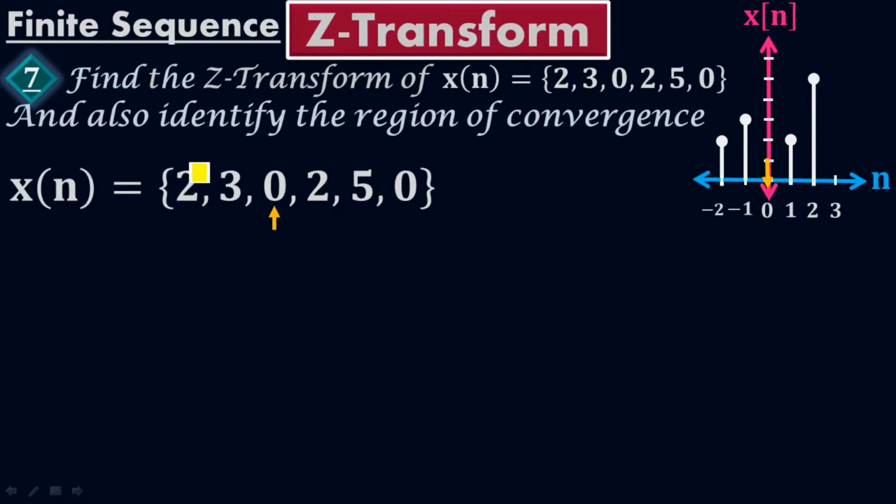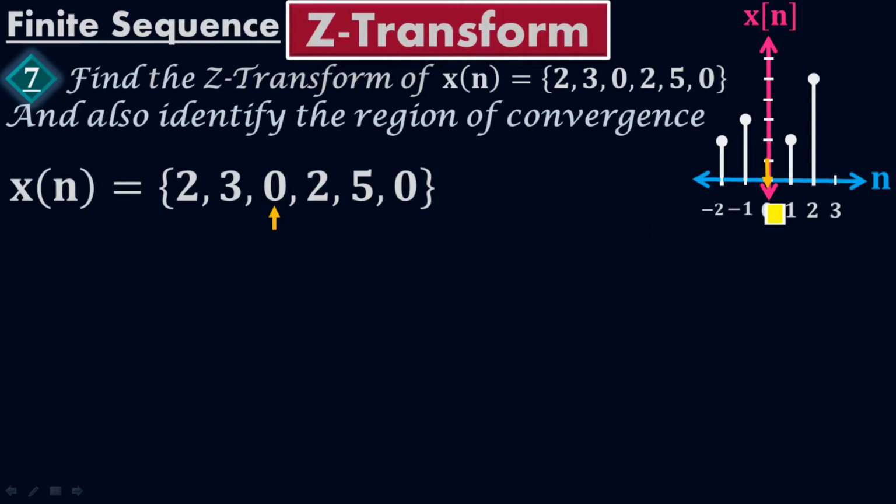On the left of the 0, these are the magnitudes for the advanced samples at n equals negative values. So 2, 3 are at -2, -1. And 2, 5, 0 are at 1, 2, 3. This 0 is my origin.